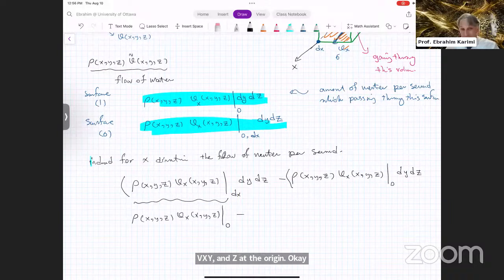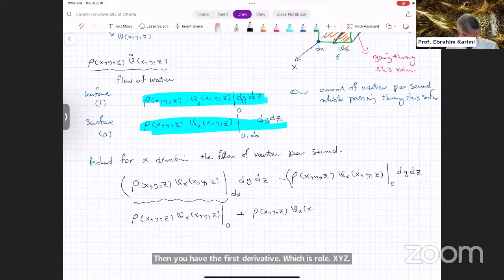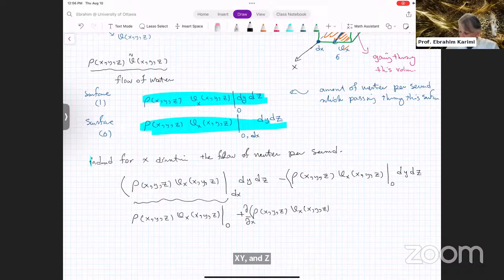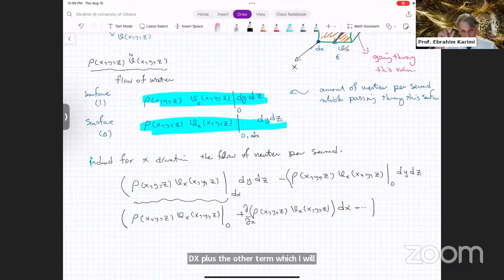Then you have the first derivative, the derivative of rho Vx with respect to x, times dx, plus the other terms, which I will neglect because dx is small. This is what we assume, that the volume is extremely small.